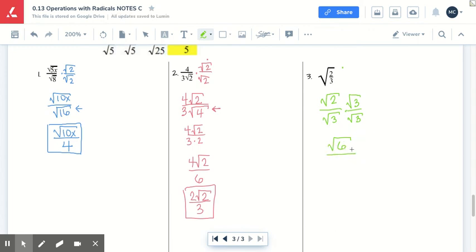On the bottom, square root of 3 times square root of 3 is square root of 9. And again, I'm not done until I deal with that radical in the denominator. So the square root of 9 is 3. Now because the numerator is inside a radical and the denominator is not, I can't simplify these numbers. I have to leave it just as it is.